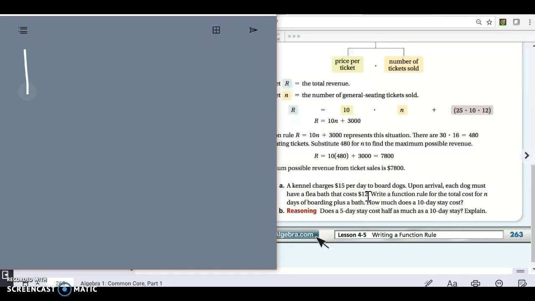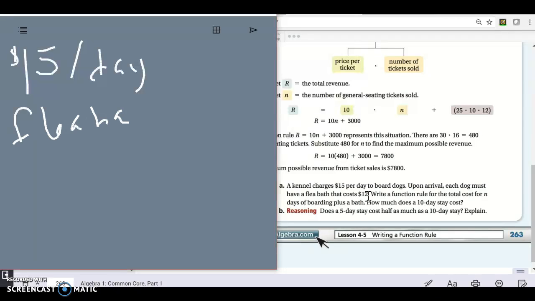So we have 15 per day. Upon arrival, each dog must have a flea bath for $12. Okay, so flea bath. Write a function rule for the total cost for N days of boarding plus a bath.